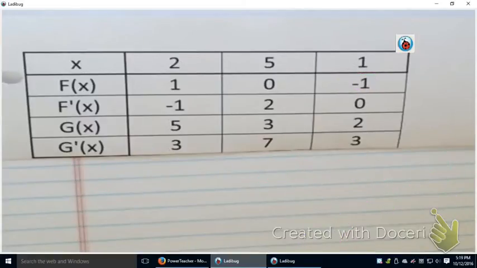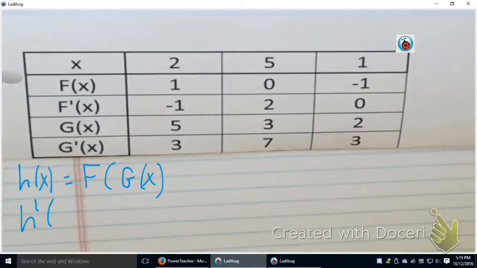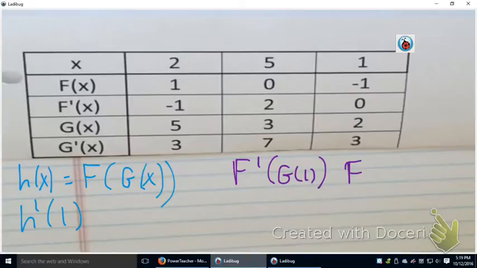I'm going to do one more that does exist. So let's say I wanted to find the derivative at h prime of 1. So we would take the derivative of f, leave g, then take the derivative of the inside, which is g.